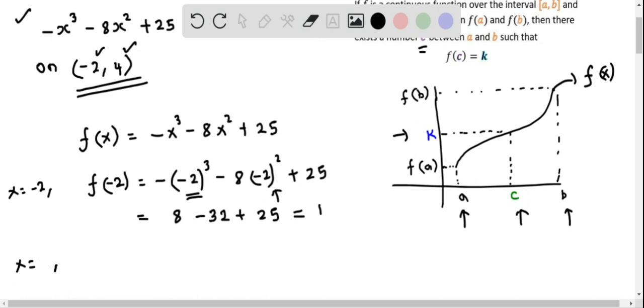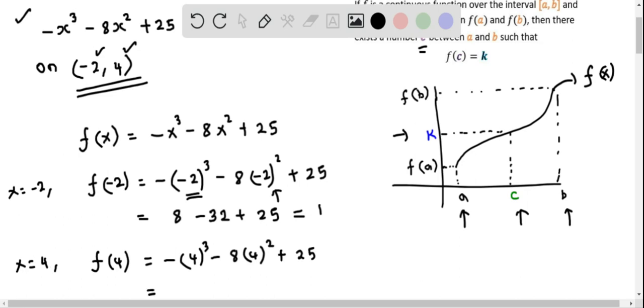Now let's find f of 4, that is the other endpoint. We have to find f at x equal to 4. This is f of 4, and this equals, we have to replace all x by 4. Therefore this becomes negative of 4 cube minus 8 times 4 square plus 25.